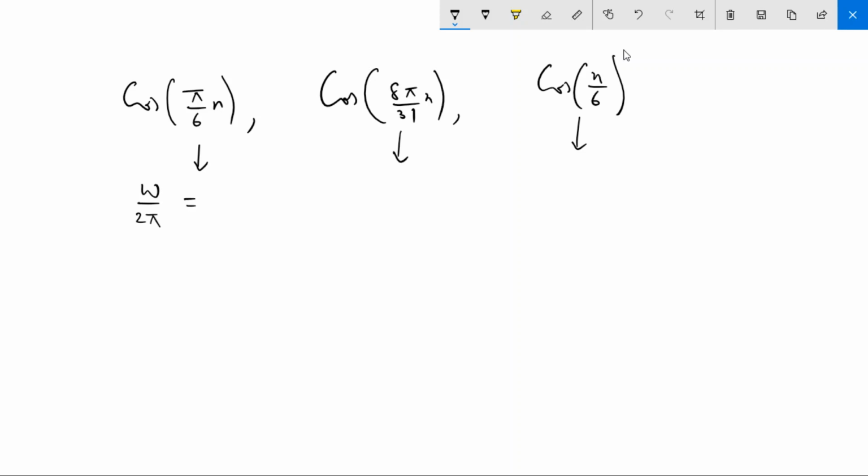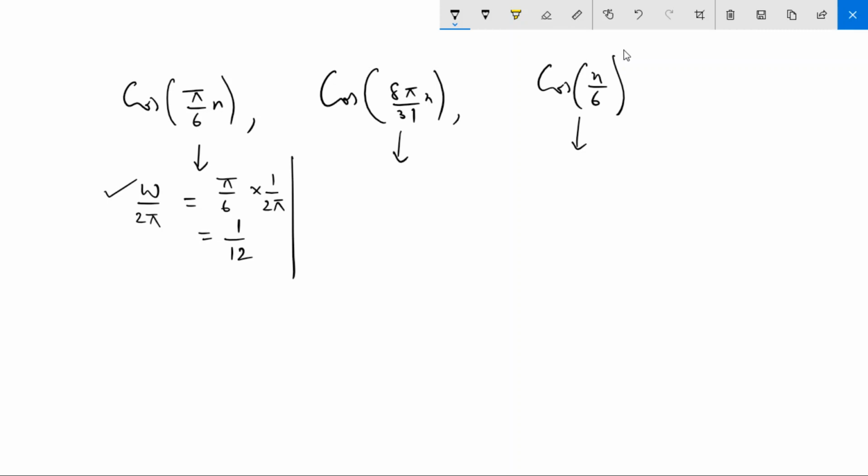In this case omega is pi by 6, so it will become pi by 6 into 1 by 2 pi, which is 1 by 12. This is a periodic signal with a period of 12 samples.